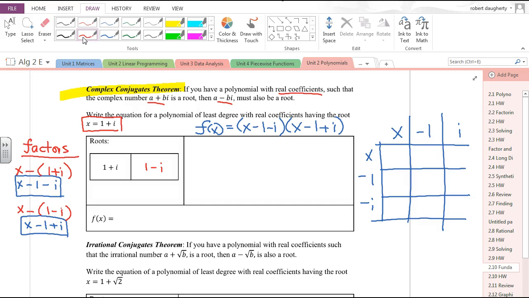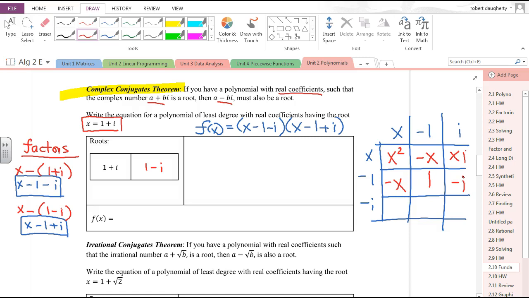What is x times x? x squared. x times negative 1, negative x. x times i, xi. Negative 1 times x, that's negative x. Negative 1 times negative 1, 1. Negative 1 times i, negative i.